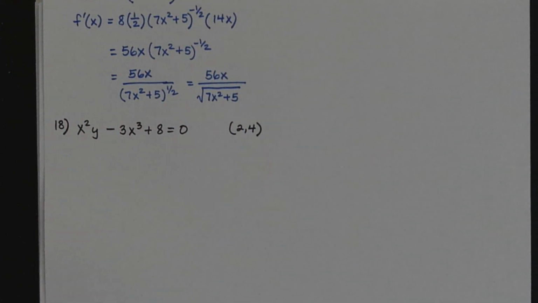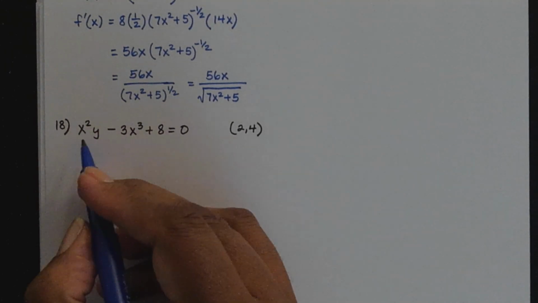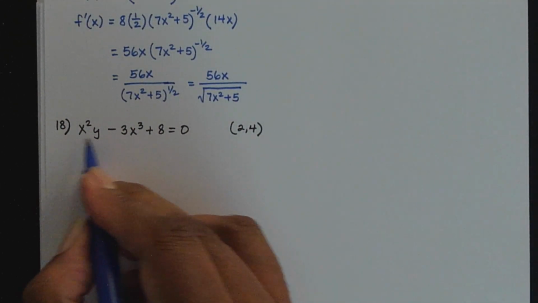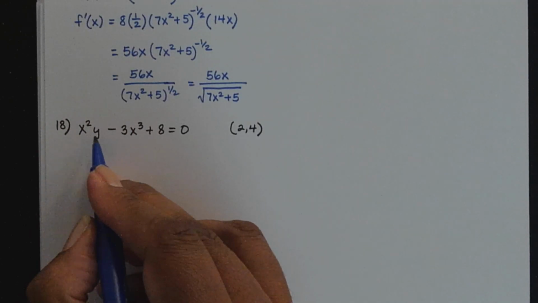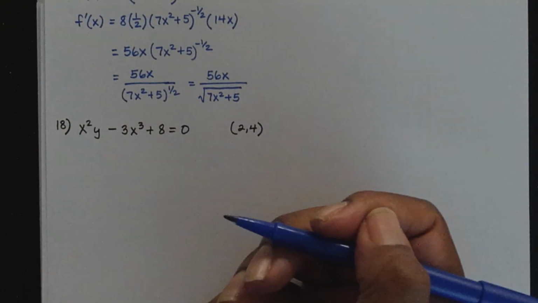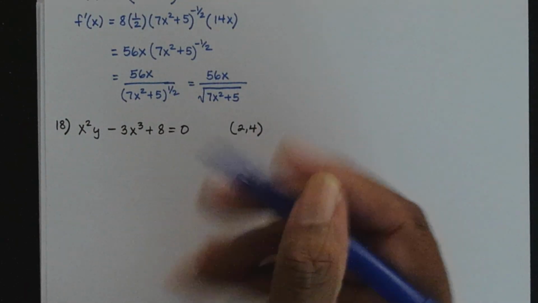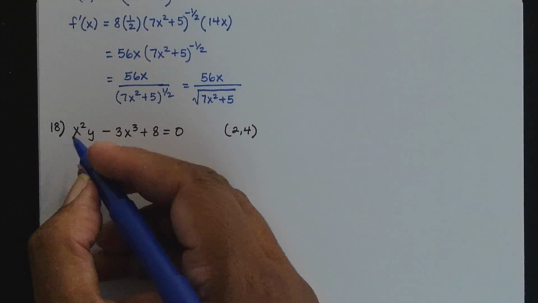All right, so let's take a look at what we can do here using implicit differentiation. When you do implicit differentiation, anytime you take the derivative of y, you have to include dy/dx in that problem. In the x squared y, there's a rule that we're going to need to use here to do x squared times y. Would it be the product rule?